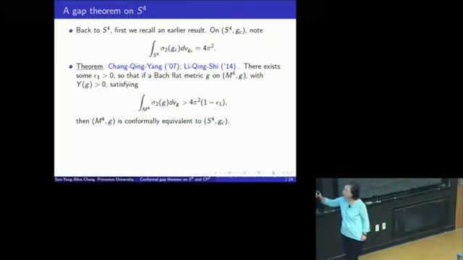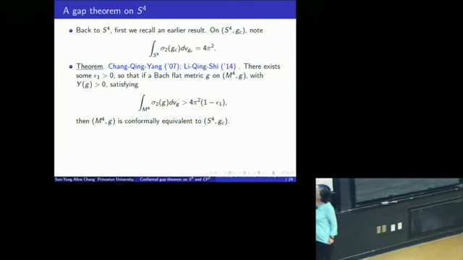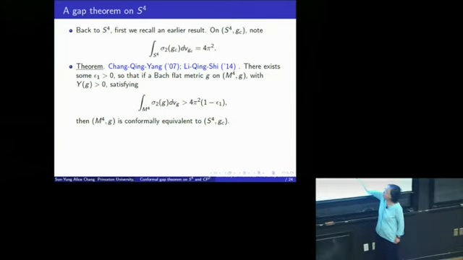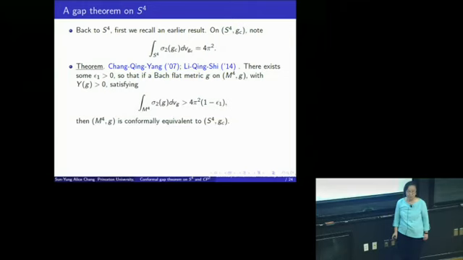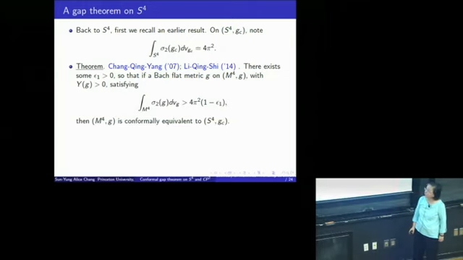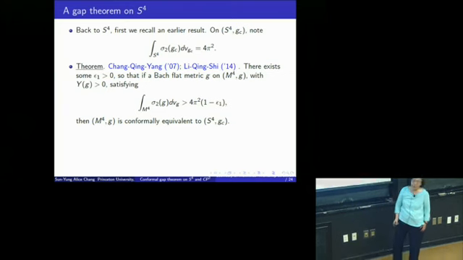That means that if it's close to 4 pi square, we want to say it's conformally equivalent to S4. But we do not reach it. We really say that if the metric is already Bach flat and with positive Yamabe constant, then this is the case. We are willing to add that the Yamabe constant be positive, but Bach flat is an additional assumption. So under the class of Bach flat, we know there is a gap.